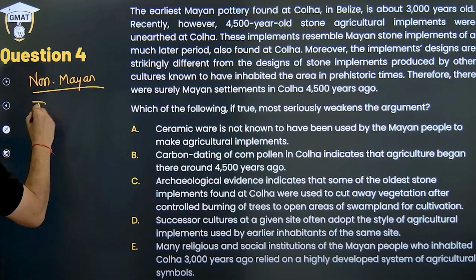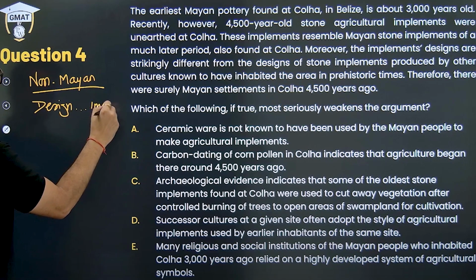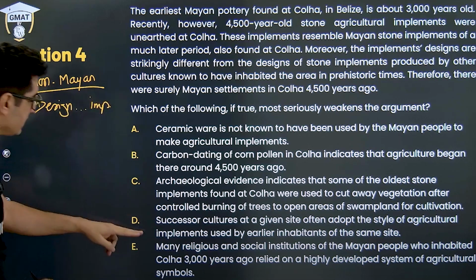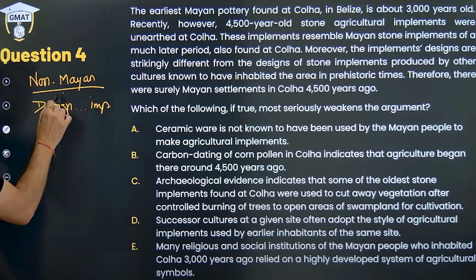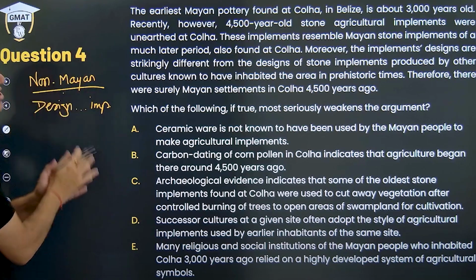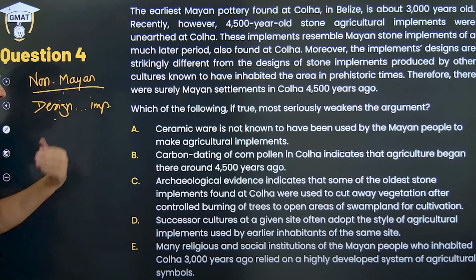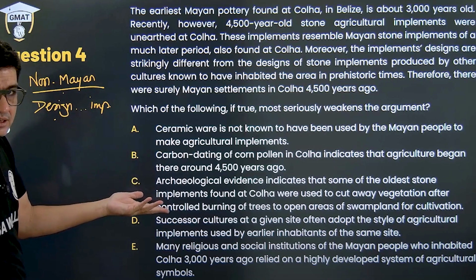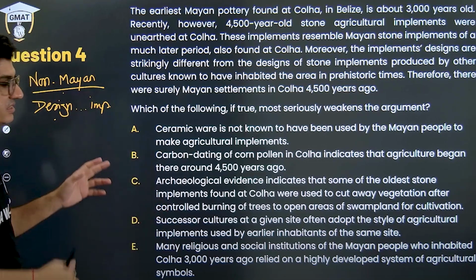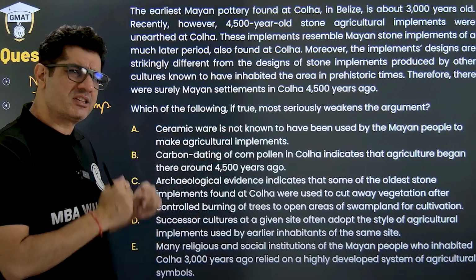They had a particular design for their implements. What it says is that इसके बाद अगर इनको किसी दूसरे कल्चर ने सब्स्टिट्यूट किया तो वो भी सेम एग्रीकल्चरल इंप्लीमेंट्स ही यूज कर लेते हैं. So what this says is that the culture that comes after borrows the design from the culture that was earlier.